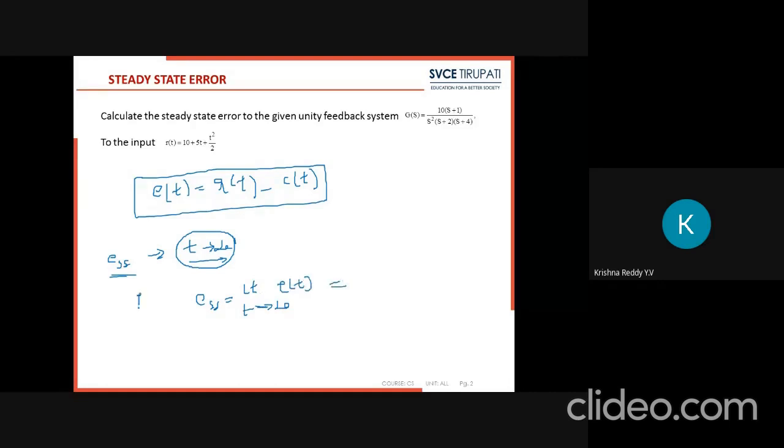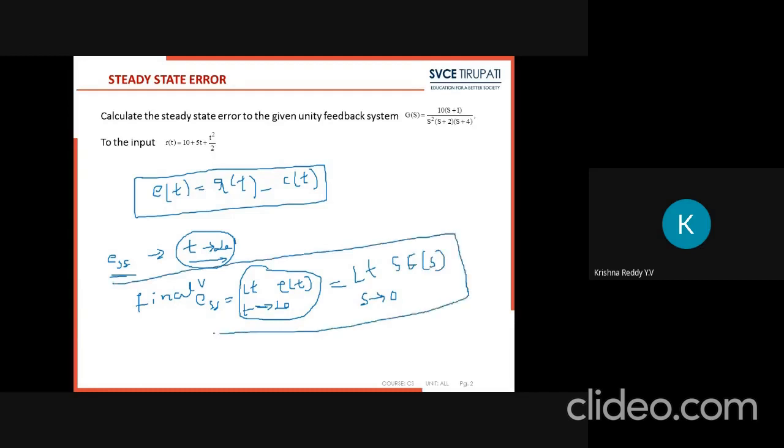Another name for it is the final value theorem. When you convert this limit t tends to infinity, E of t into Laplace transform, it is limit s tends to 0, s into E of s. We can calculate the steady state error by using this formula.